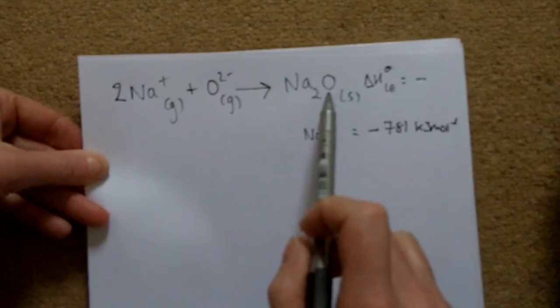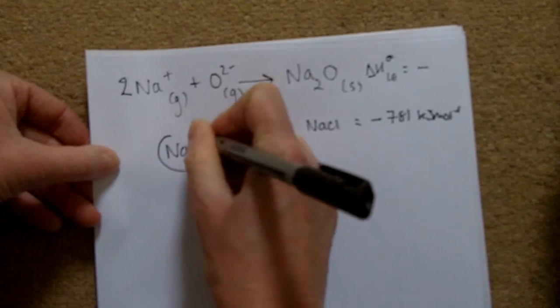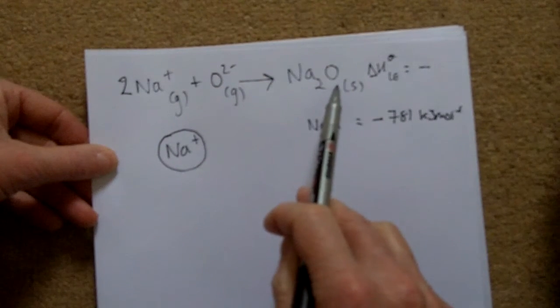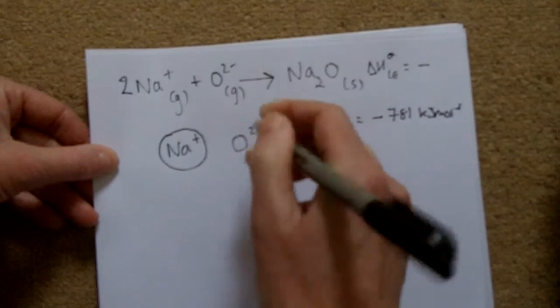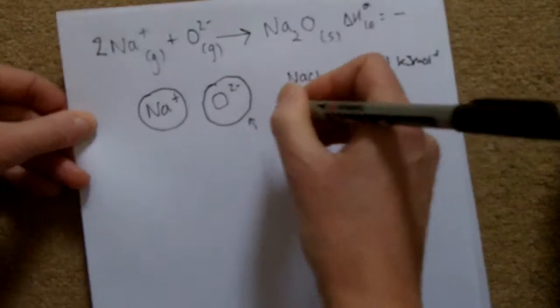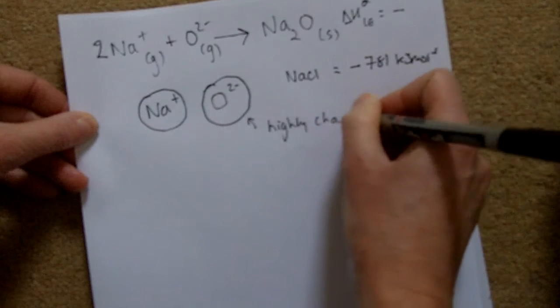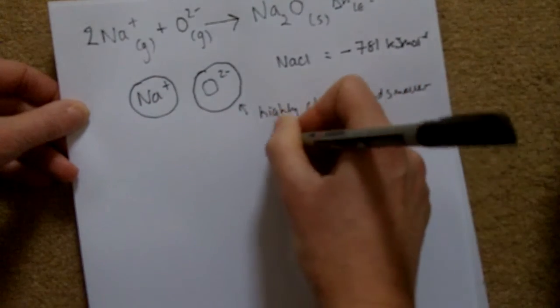Right, the difference here: the sodium ion is the same size for both of them, but this time you've got an oxide, and the oxide ion is highly charged and smaller than the chloride ion.